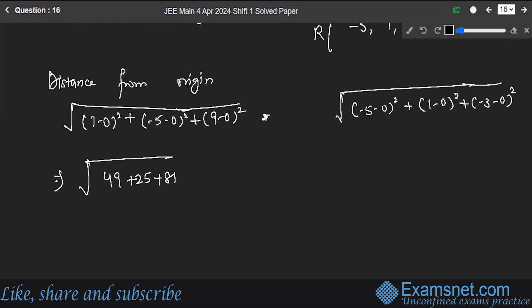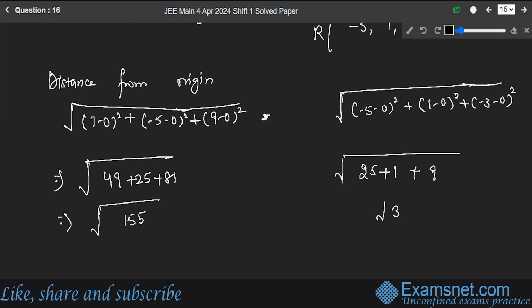Okay, this will be equal to root of 155. And this will be 25, 1, and 9. So this will be root of 35.